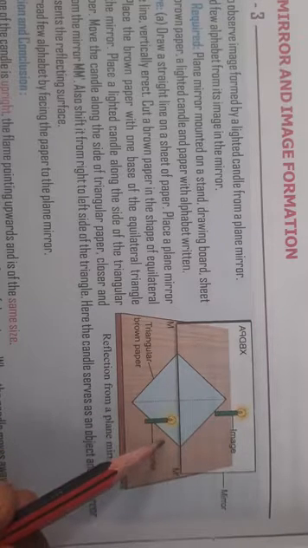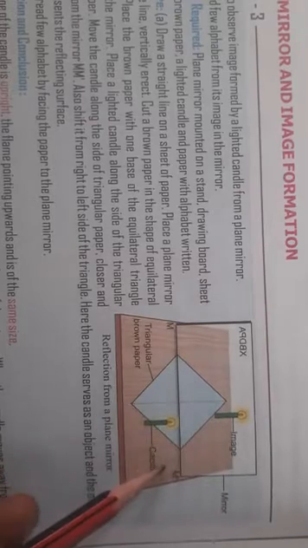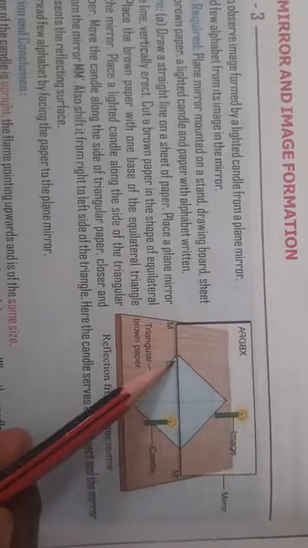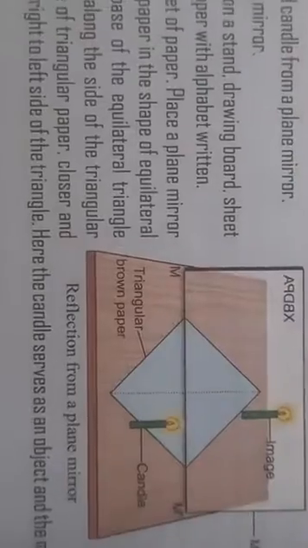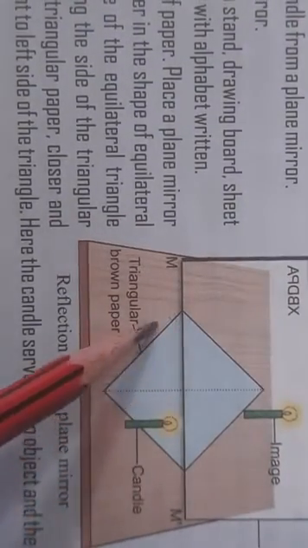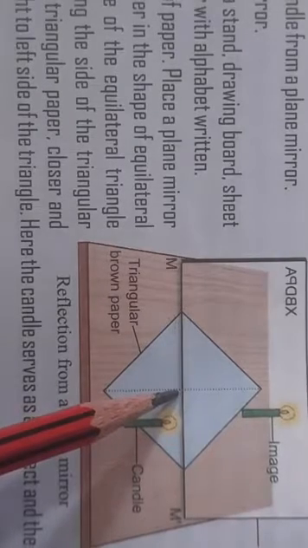Cut a brown paper in the shape of an equilateral triangle and place the paper with one base of the equilateral triangle touching the mirror. See, this is an equilateral triangle and you have to just place it close to the mirror.